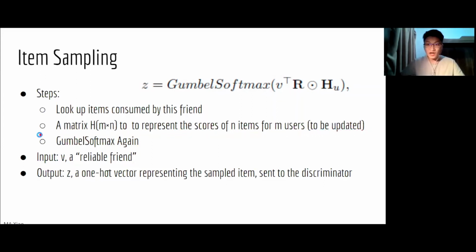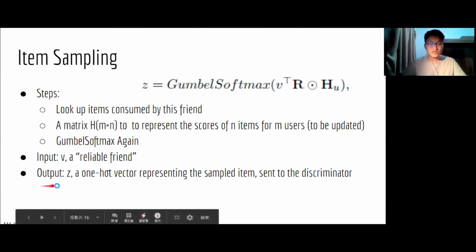The steps of item sampling can be defined like this. So the input of item sampling is a reliable friend, and the output of it is a one-hot vector representing the sampled item. After it is sampled, it will be sent to the discriminator, which brings us to the next part of this model.